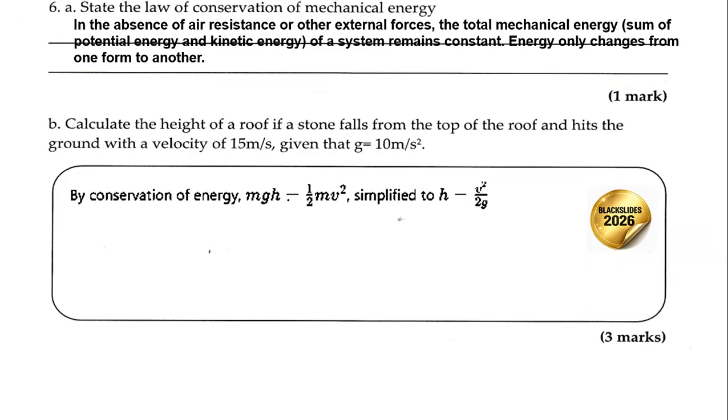So mgh equals half mv squared. Simplifying both sides, dividing both sides by m, and making h the subject.